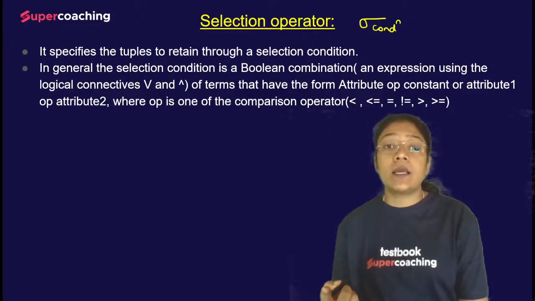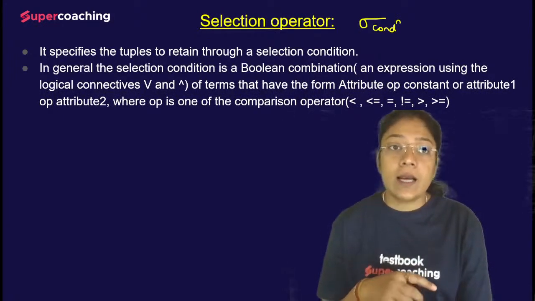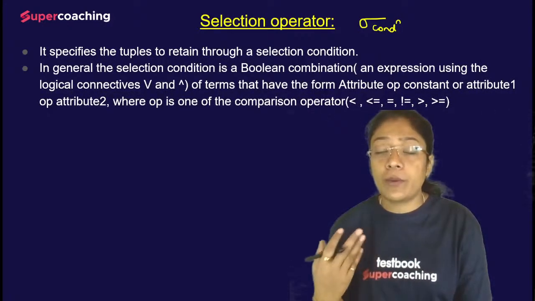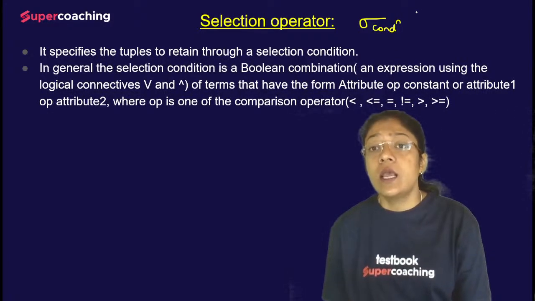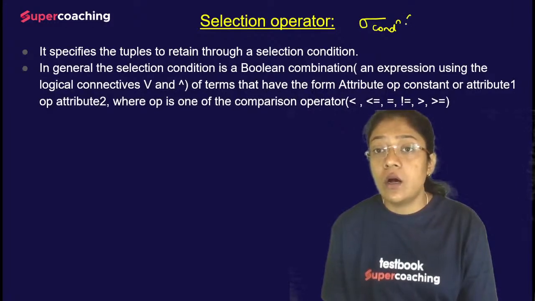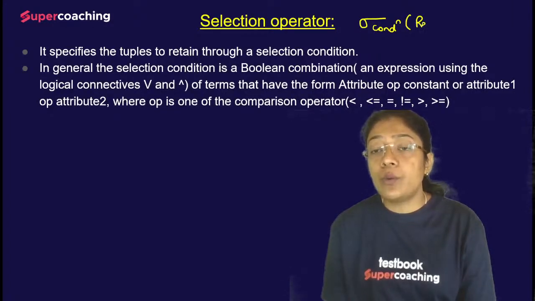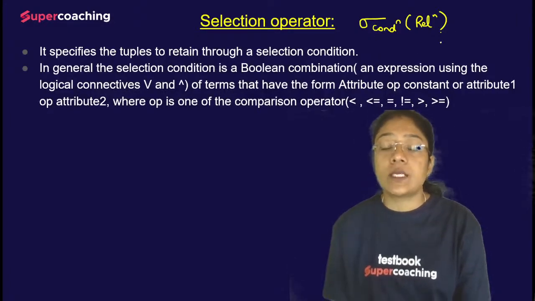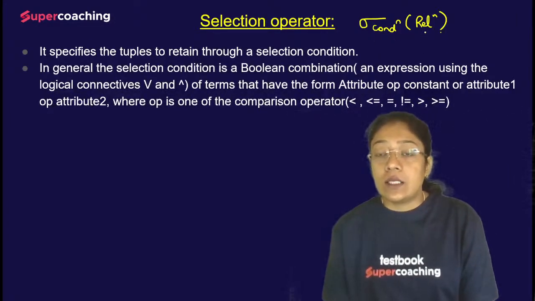On which table do we apply the condition? We need to mention that, because in the database lots of relations and relation instances are there. So we need to specify on which table we want to apply this condition. This is the syntax for the selection operator, and this is the table name.